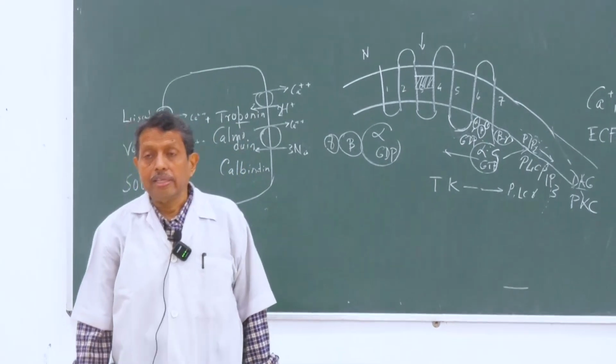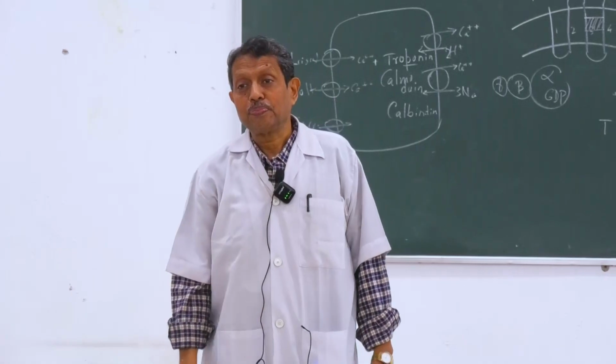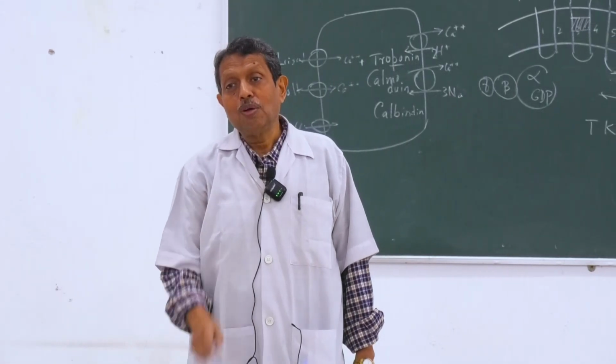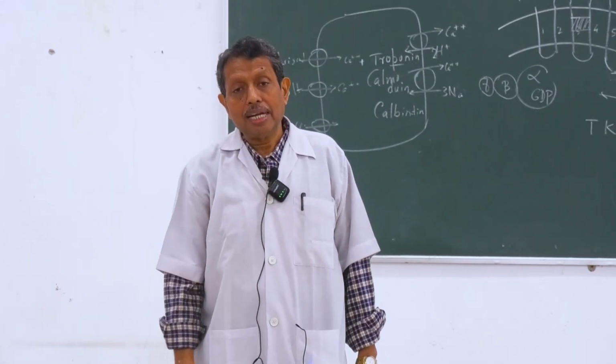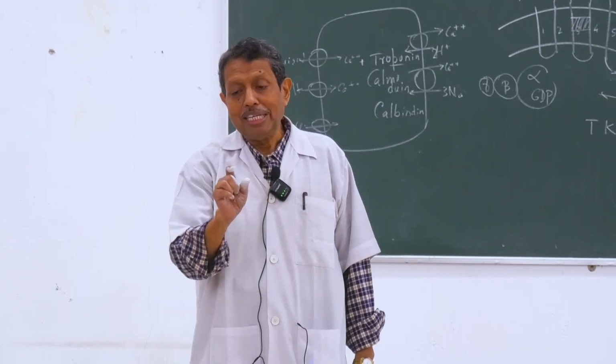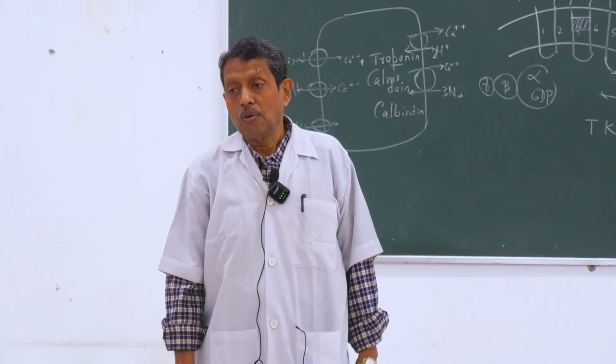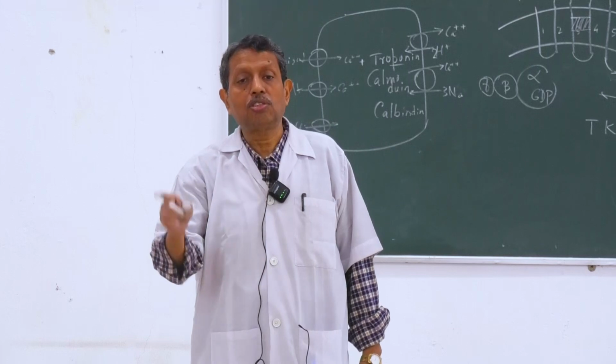You will be familiar with troponin. It is a calcium binding protein. And you will find its existence in the skeletal muscle. And binding with this is responsible for the contraction of the muscle. One component of excitation contraction coupling.